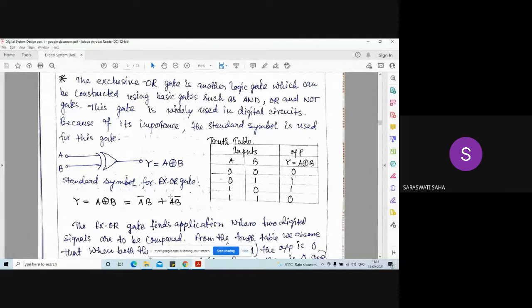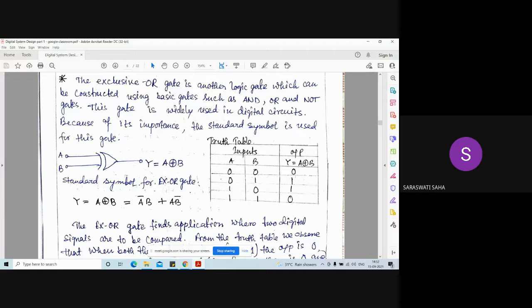So what is the logic symbol for the 2 input XOR gate? It is just like the OR gate, but it is separated by a parenthesis-like symbol. So this is the logic symbol of a 2 input XOR gate, and this is the output expression for the XOR gate.